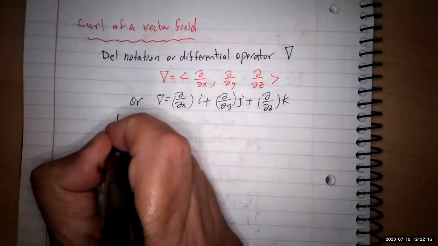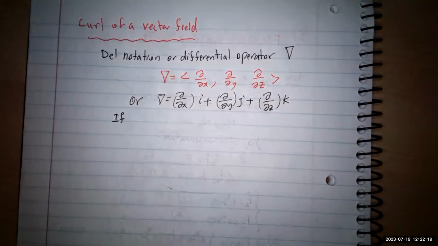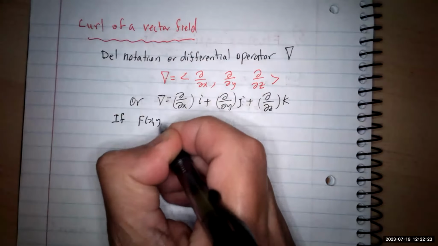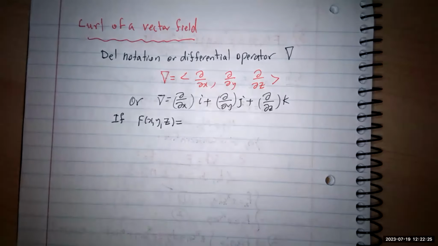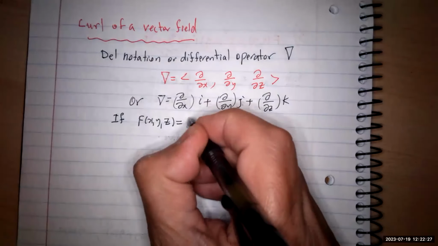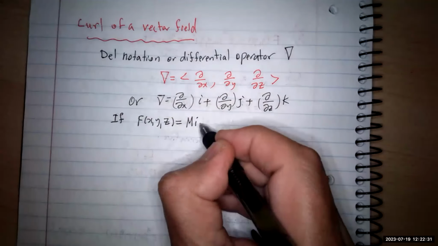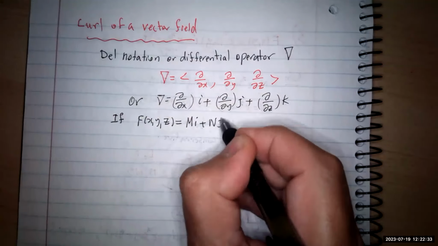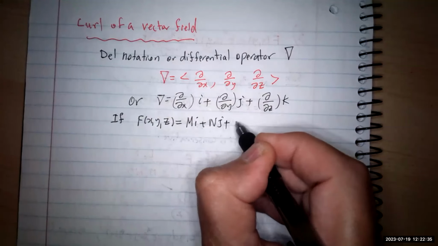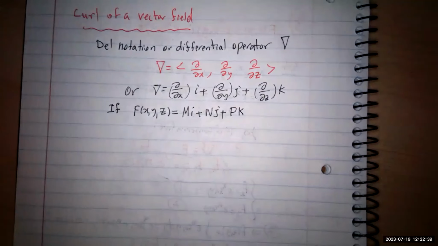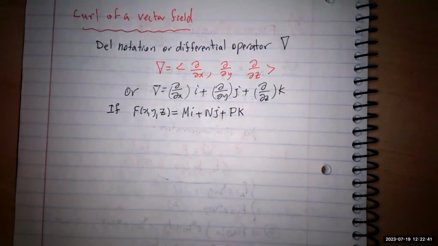If you have a vector field in three dimensions, F of x, y, z is equal to M, the first function, times i, the second function N times j, and the third function P times k. So M, N, and P are all real valued functions of three variables.